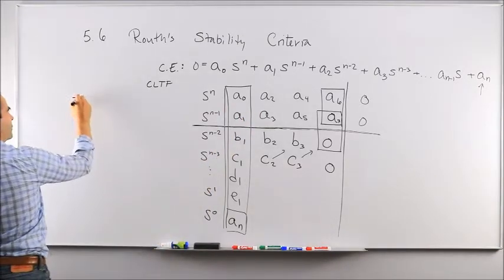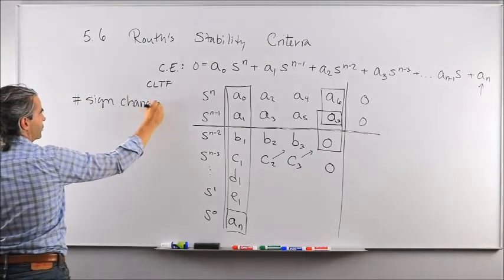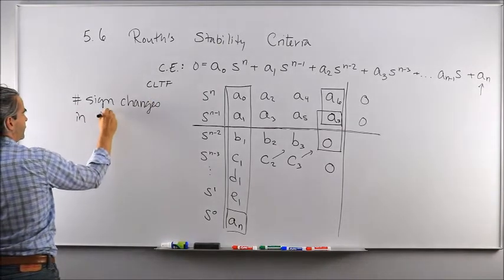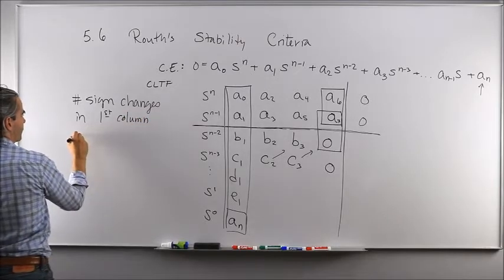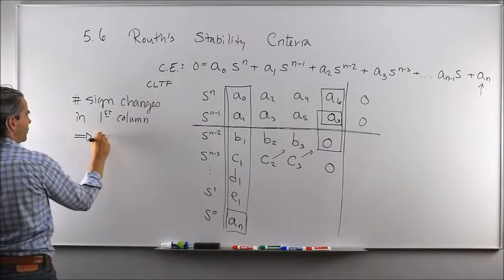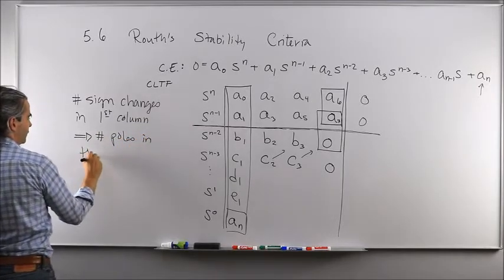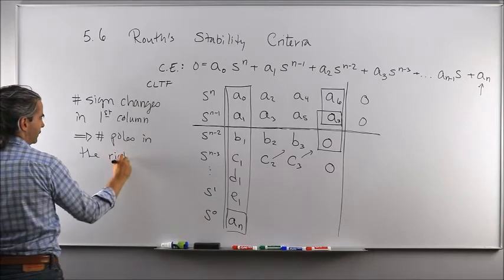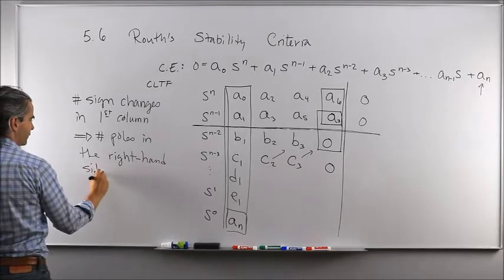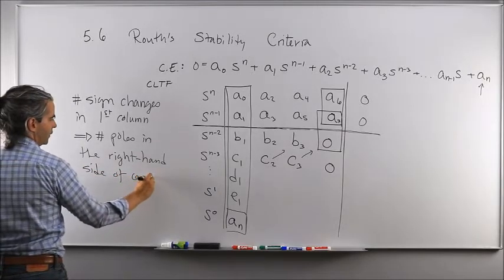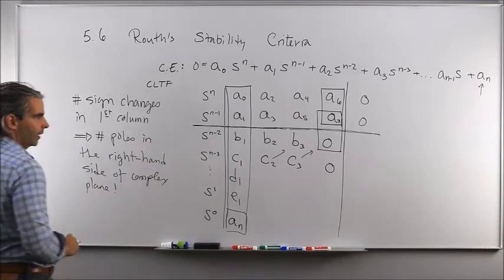You want to say that number of sign changes in the first column will be equivalent to the number of poles in the right hand side of the complex plane. Okay?